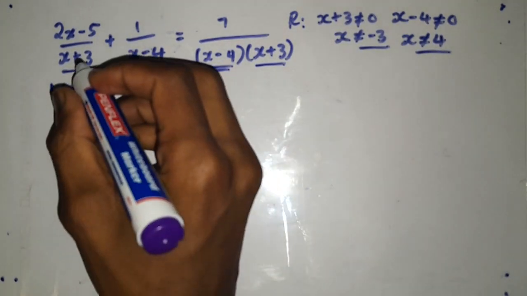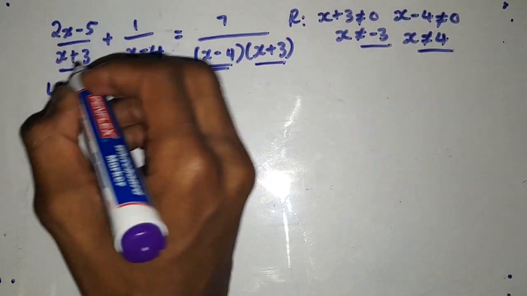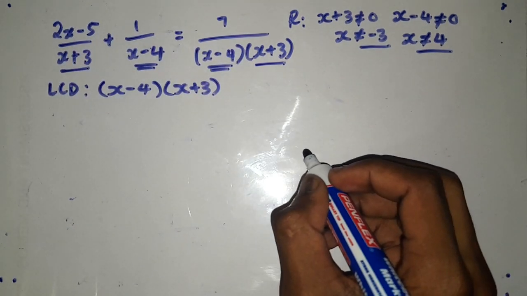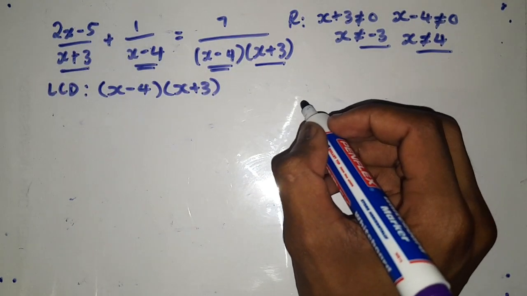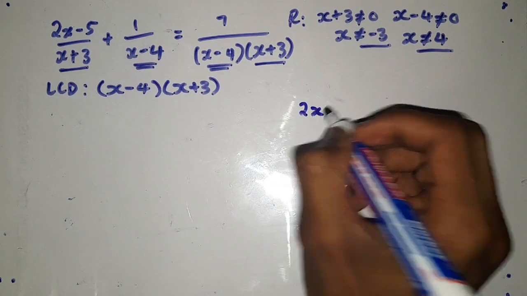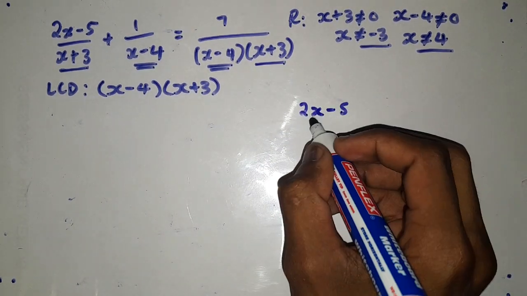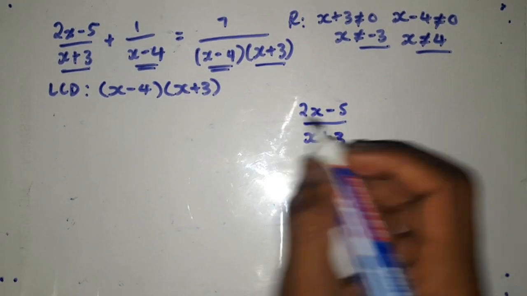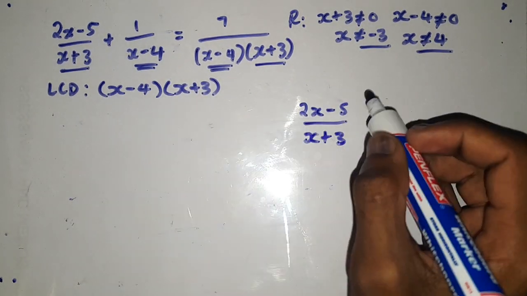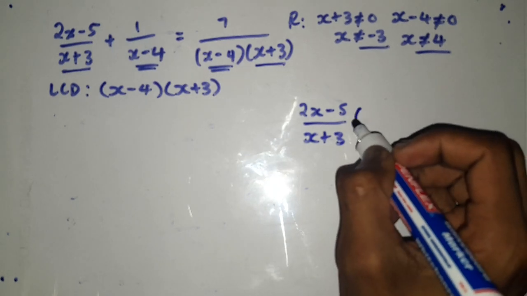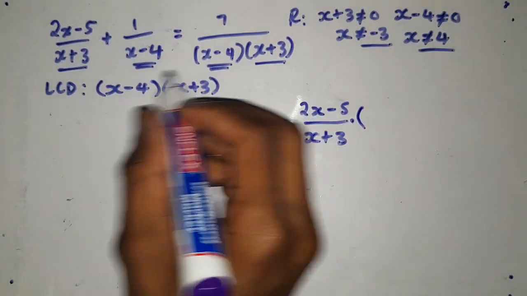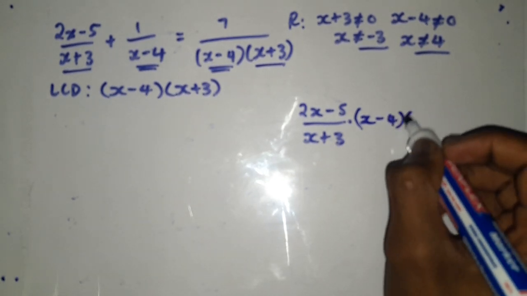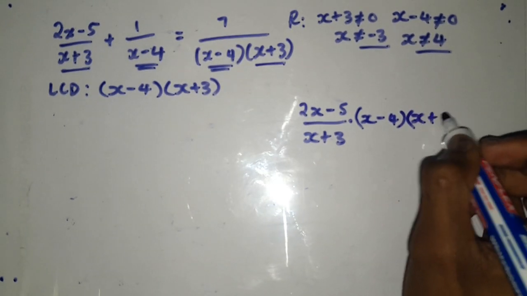The first rational expression I have now is 2x minus 5 over x minus 3. Let me multiply this with my LCD, which is x minus 4 with x plus 3.